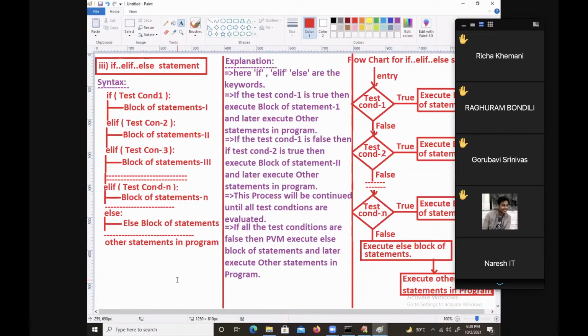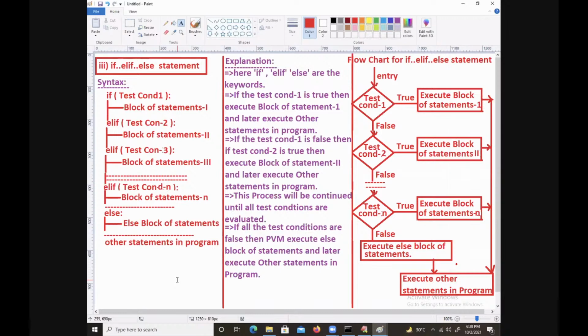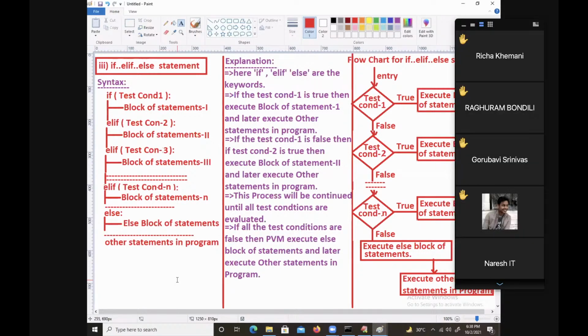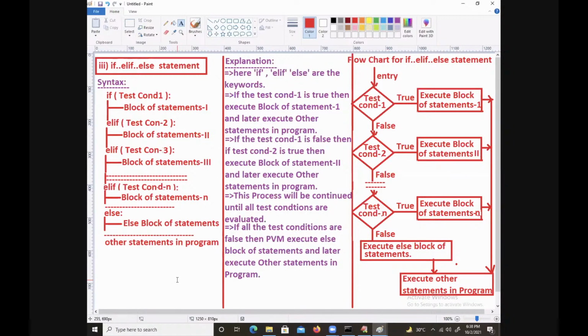Which will accept any digit, and decide the name of the digit. Any digit you accept it and print the name of the digit.